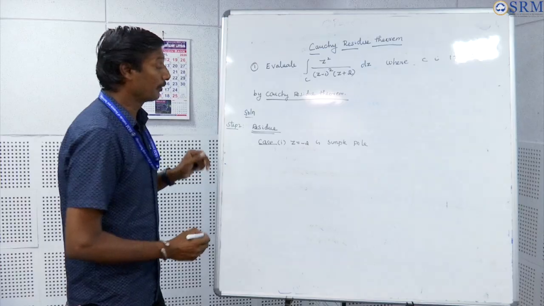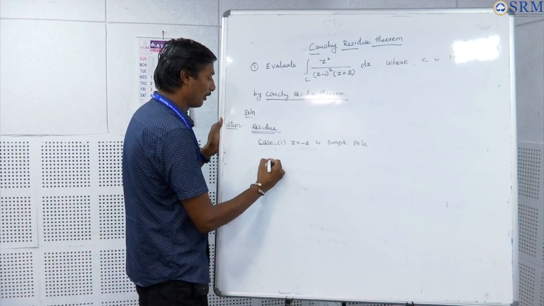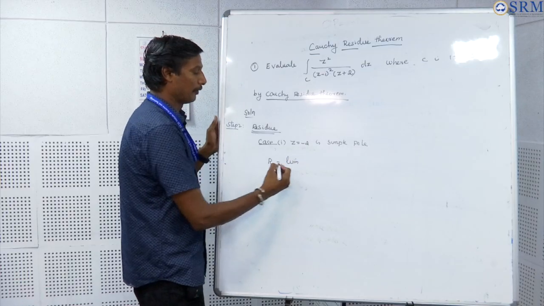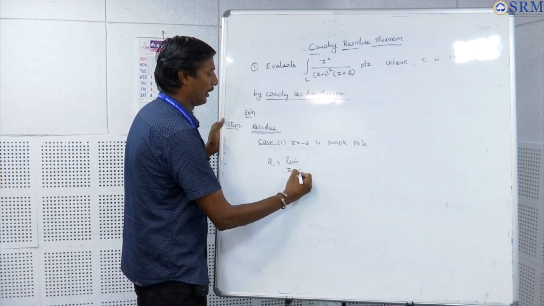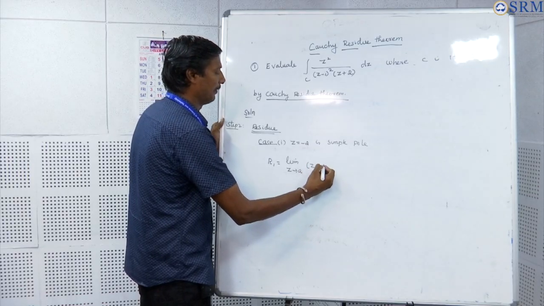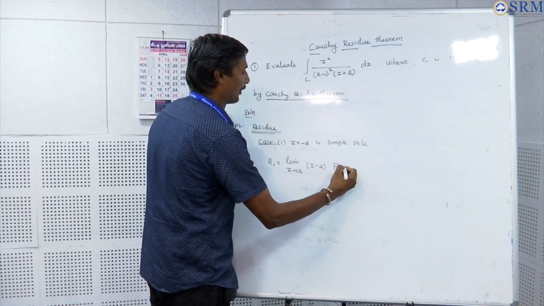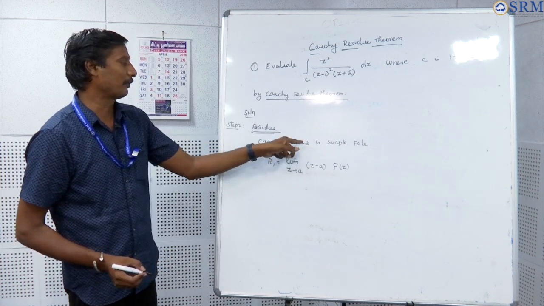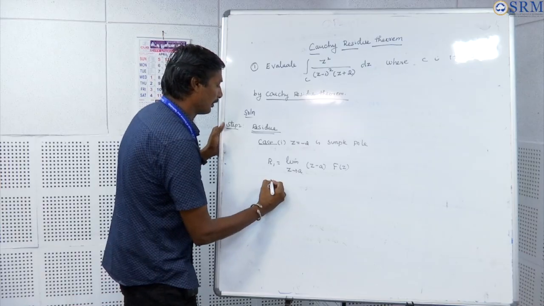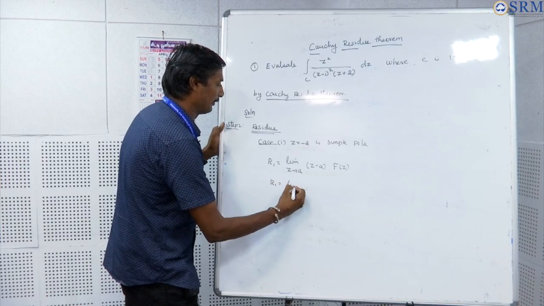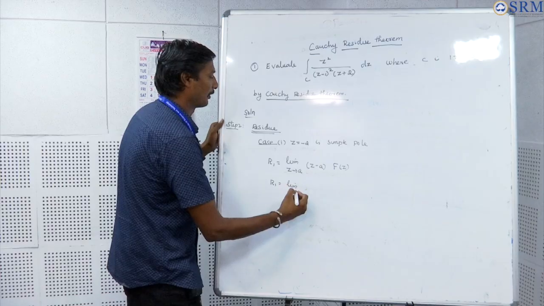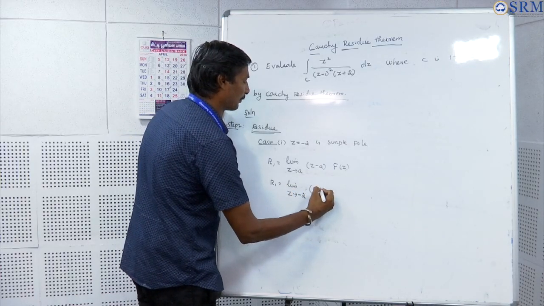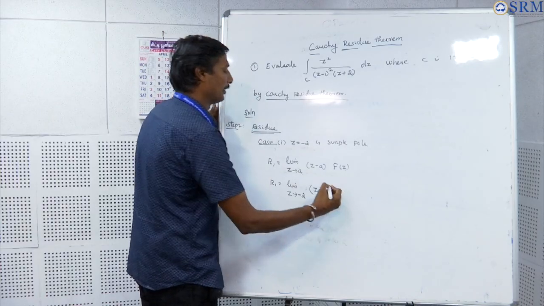We know the formula for the residue of a simple pole: R1 equal to limit z tends to a of (z minus a) into capital F of z. This is the formula for a simple pole. Here a value is minus 2. So R1 equal to limit z tends to minus 2 of (z plus 2) into F of z.